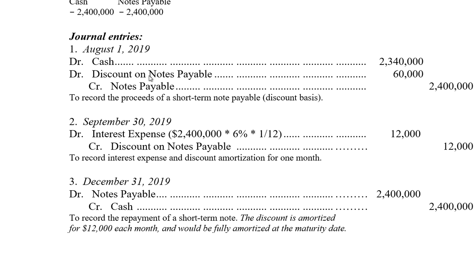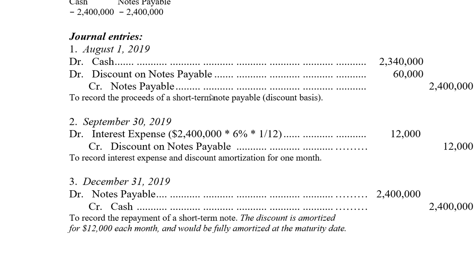Discount on notes payable, I want you to realize, is a contra liability account. So this carries a debit balance, but it's a liability account. And what it does is it rides with the notes payable, and it rides on the balance sheet now as notes payable.